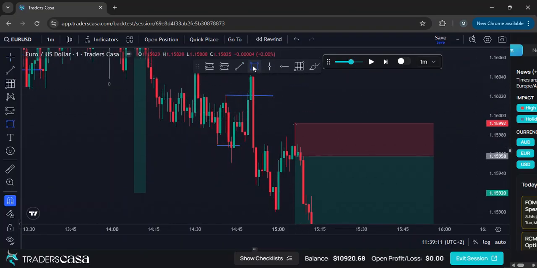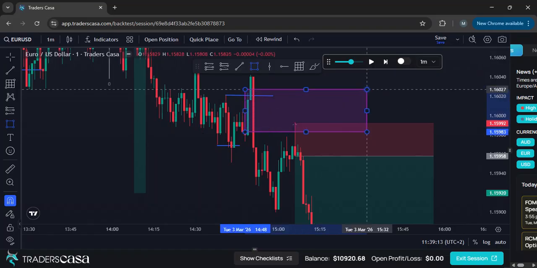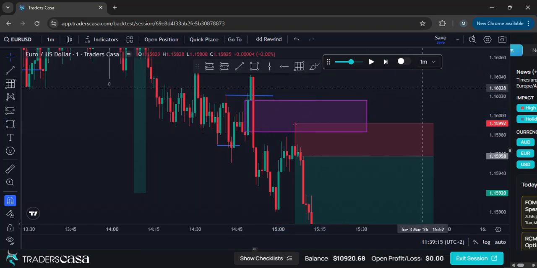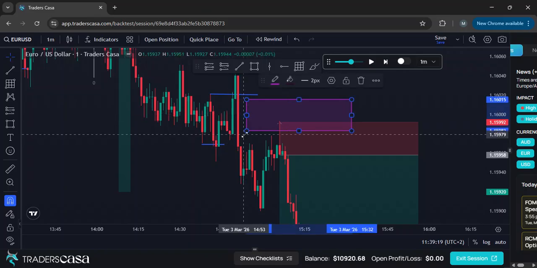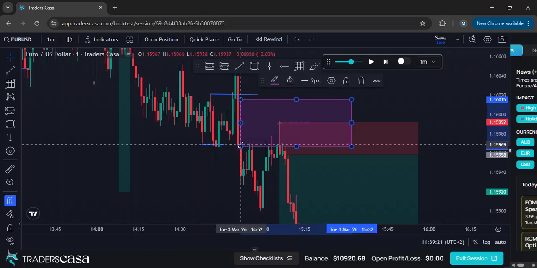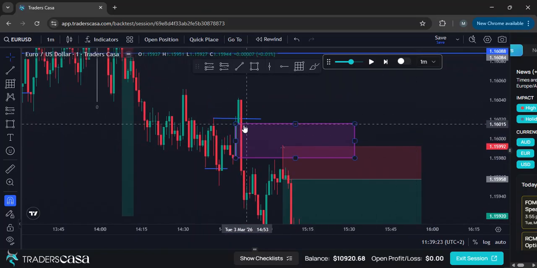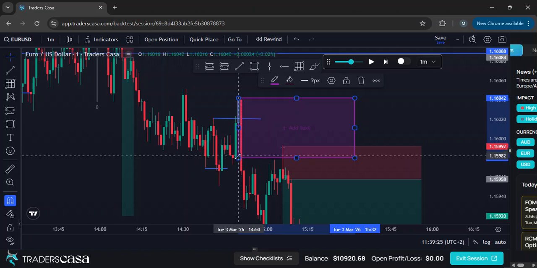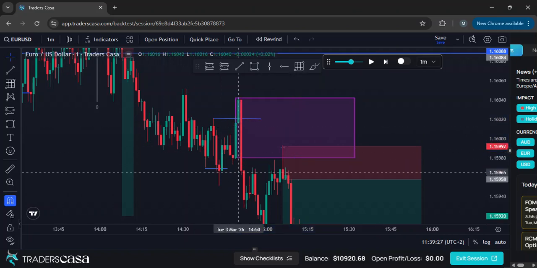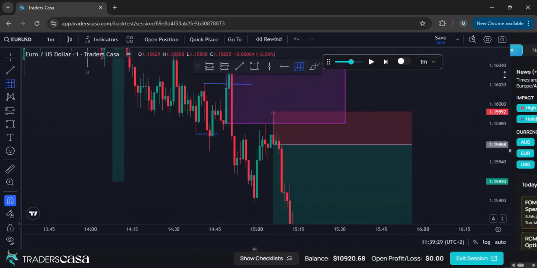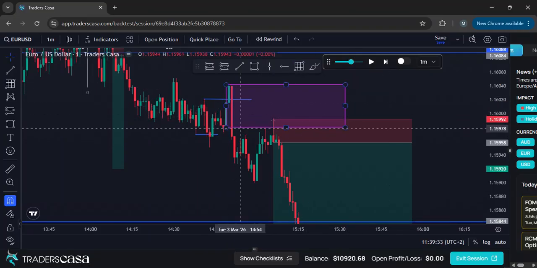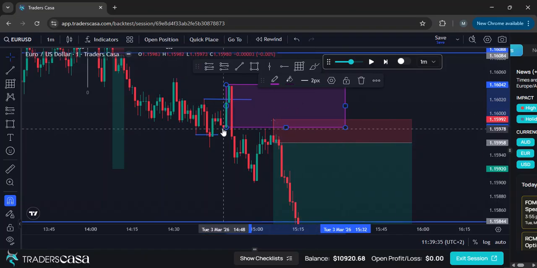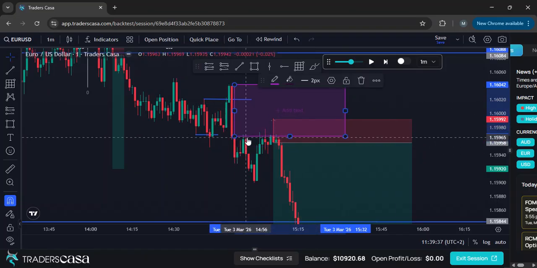Now we've got a few things in here. We have an inverse fair value gap, which I said some traders trade inverse. We've got the normal fair value gap here. What I prefer more is the POI or the order block, since we swept liquidity. And later on, I will show you there's equilibrium. We have the fair value gap here and we touched it the first time.